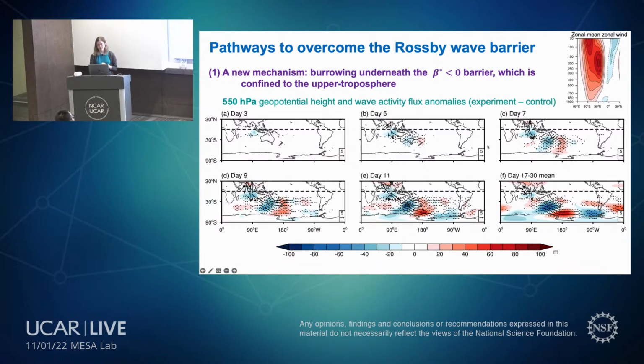We see this evidence of direct propagation from the eastern Indian Ocean towards the southern hemisphere extratropics, where we're below this barrier to Rossby wave propagation. In contrast to the previous plot, we don't get this rapid response along the subtropics since we are below the level of the subtropical jet's core.